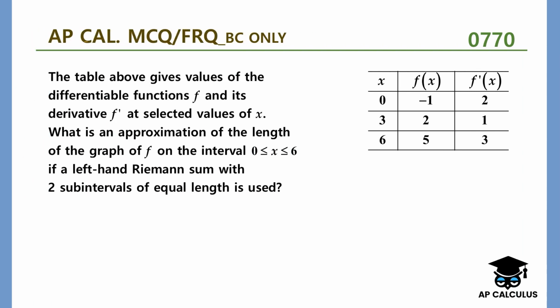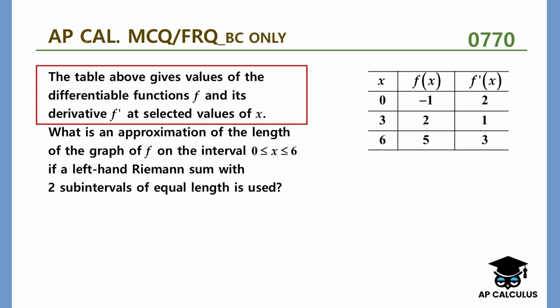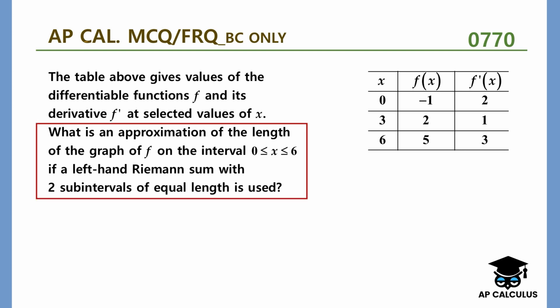Question 770. The table above gives values of the differentiable function f and its derivative f prime at selected values of x. What is an approximation of the length of the graph of f on the interval from 0 to 6 if a left-hand Riemann sum with two subintervals of equal length is used?